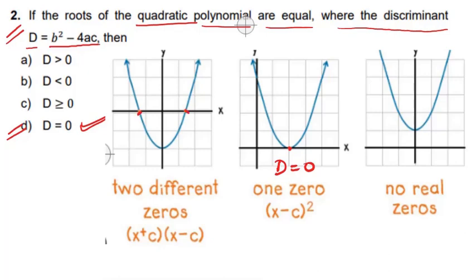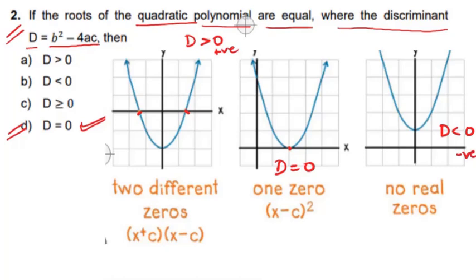If there are two distinct real zeros, the value of d will be more than 0, d is positive. And when there are no real zeros, the value of d will be less than 0, d is negative.